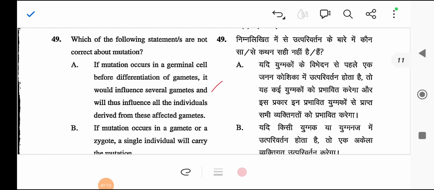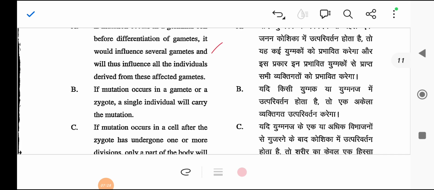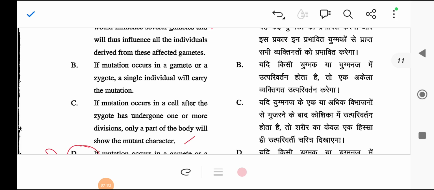So if the mutation is in the gametic cells, and differentiation has not occurred yet, many cells have not formed yet, in that case that one cell will influence many other cells which are derived from that gamete. So next is, if mutation occurs in a gamete or a zygote, a single individual will carry the mutation.